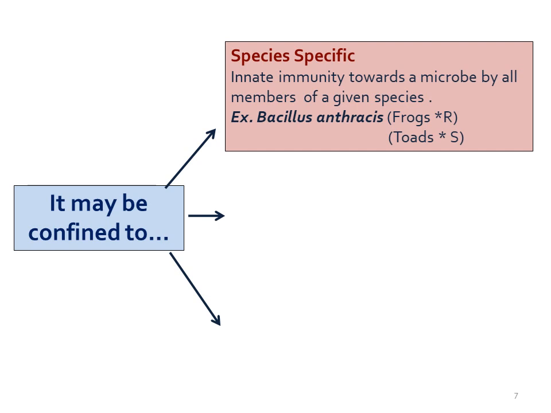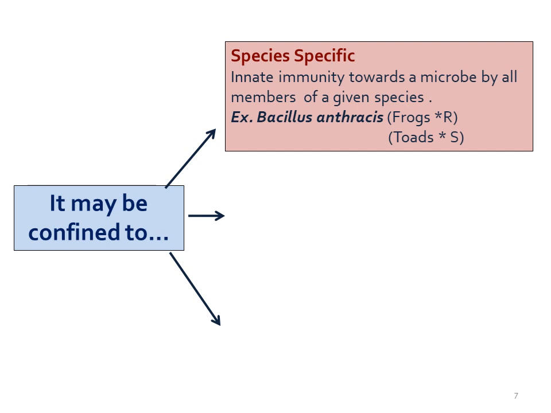Species-specific innate immunity is immunity towards a microbe by all members of a given species. For example, take Bacillus anthracis, a very important pathogen including for human beings.